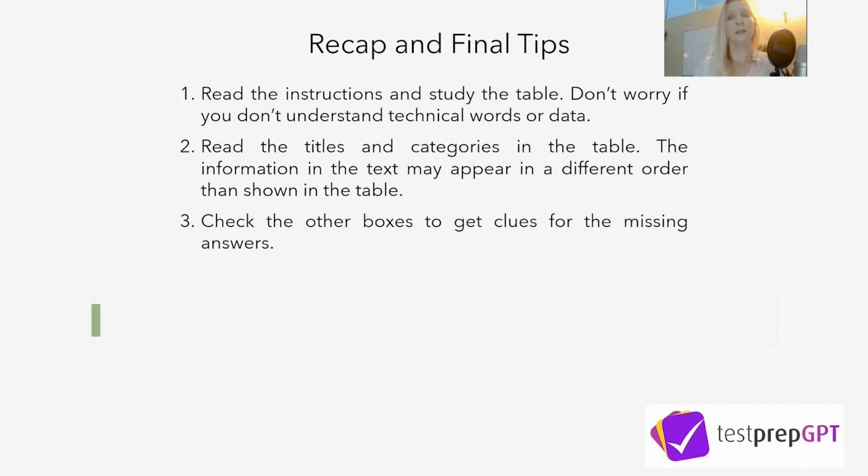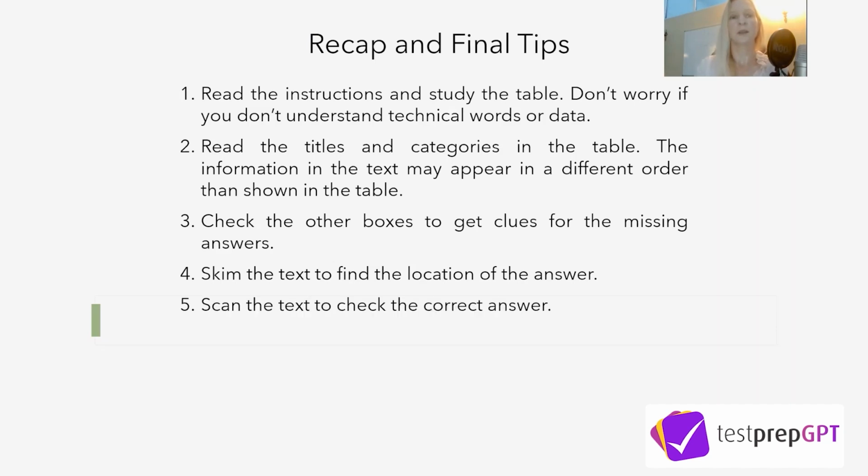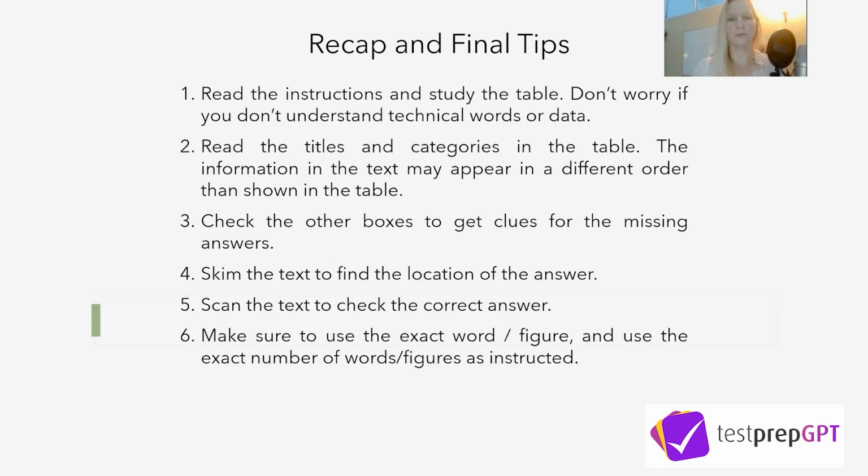Check the other boxes to get clues for the missing answers. If it's a percent, or if it's a number, or if it's a specific category. Skim the text to find the keywords and the location, based on the keywords. Then go back and scan the text to check meaning, to check the correct answer.